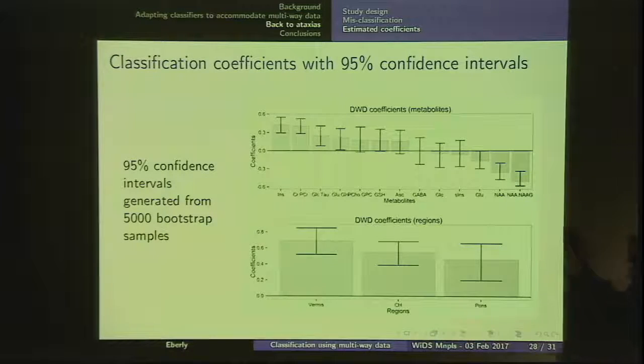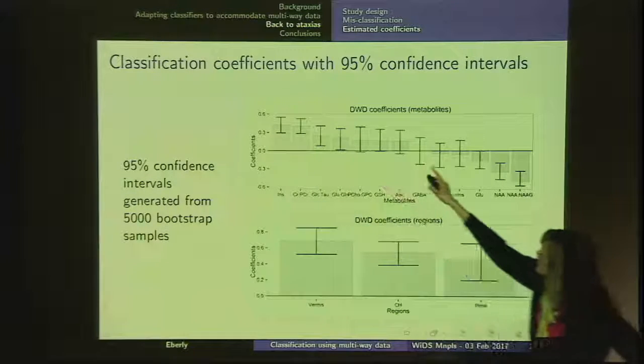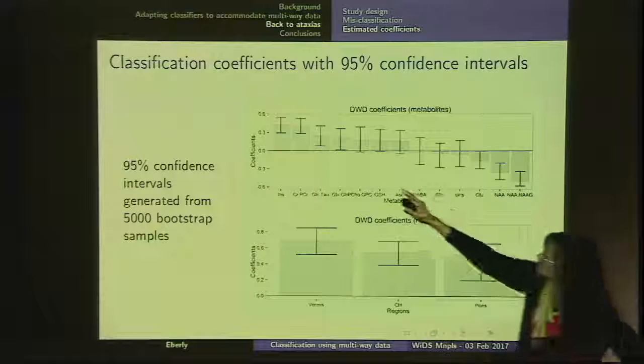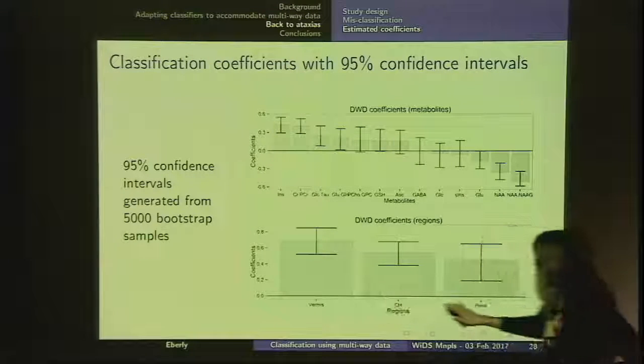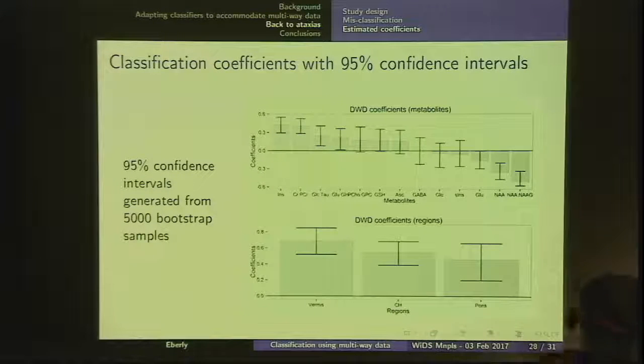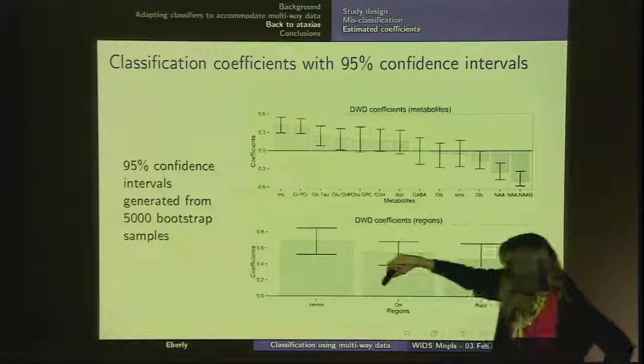So the biochemicals here are ordered by the magnitude of their coefficients, from strongly positive to strongly negative. And here are the region coefficients. We can see that the coefficient for the pons has a little bit larger of an area than for vermis and cerebellar hemispheres.